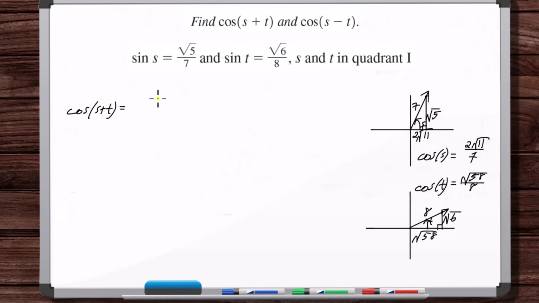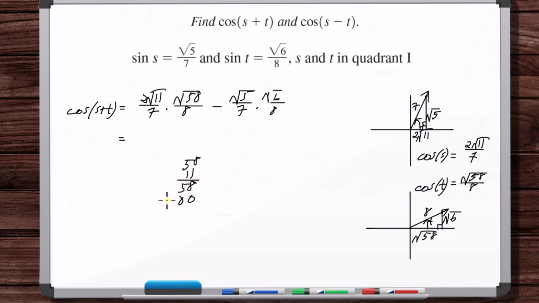Cosine of S plus T is cosine S times cosine T minus sine of S times sine of T. So we've got, let's see, 58 times 11 is 638.